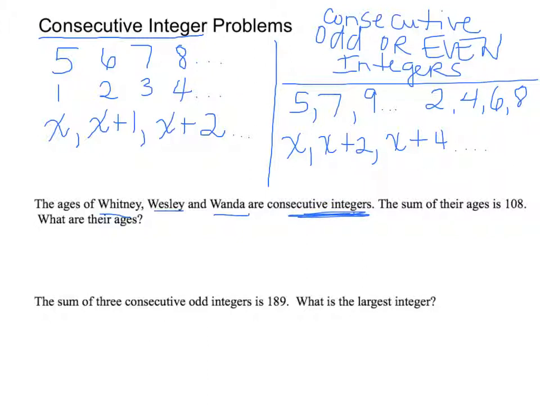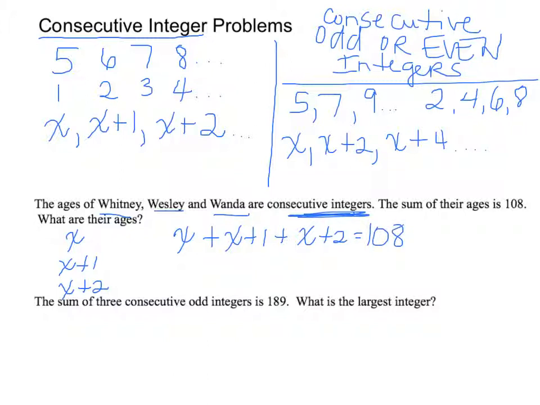So I'm going to represent those as x, x plus 1, and x plus 2. Now I have my integers represented. I'm going to create an equation by adding these up. So x plus x plus 1 plus x plus 2, and setting them equal to 108, which is the sum of the ages.